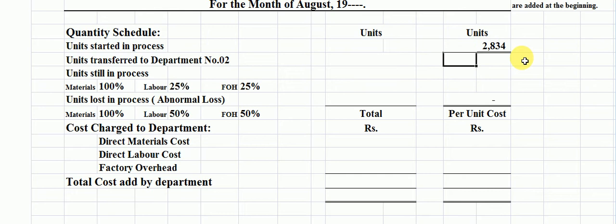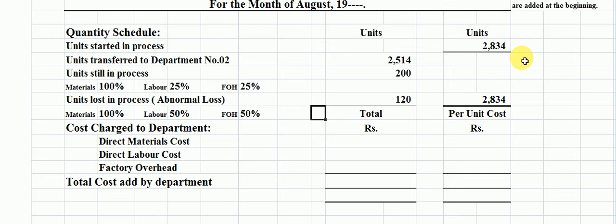Now students, units transferred to department number 2: 2,540 units are completed and transferred to department number 2. Units in process: 200 units, and units lost in process: 120 units. Students, this is our first section, the quantity schedule, which we have completed here.